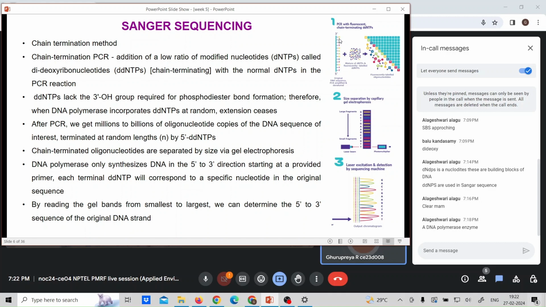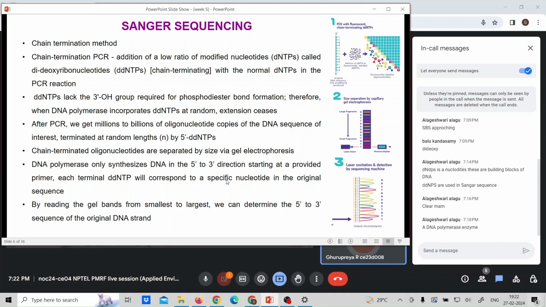For example, when a ddGTP is bound in this position, it will stop here. Similarly, here it is going to be ddTTP. So like that we will get millions and billions of copies that are terminated at different lengths. So once this is done, what we are going to do is a gel electrophoresis.